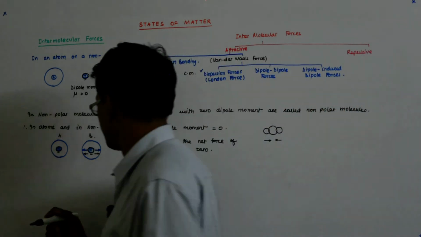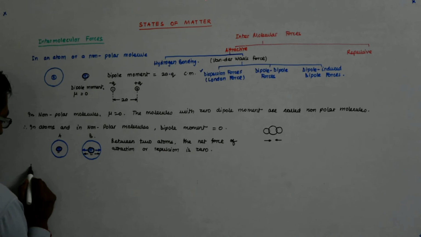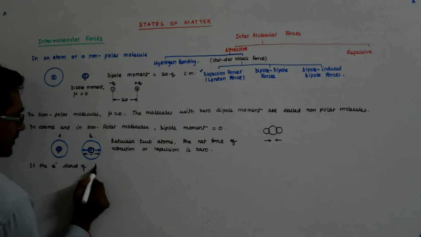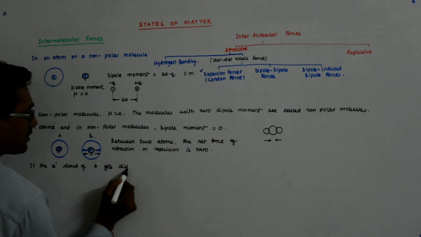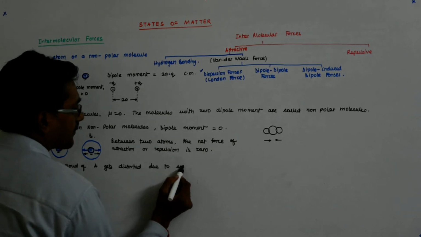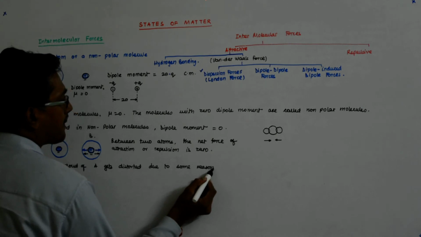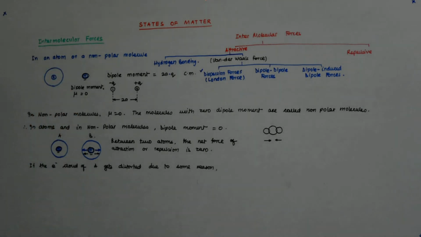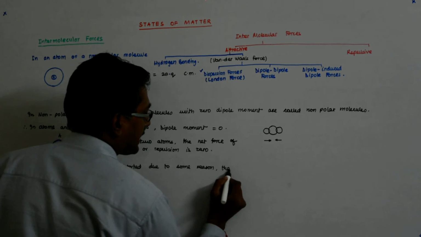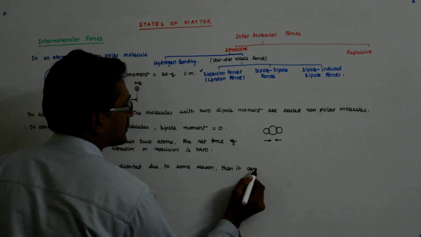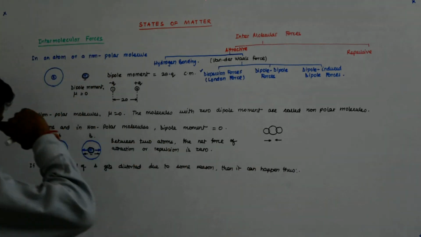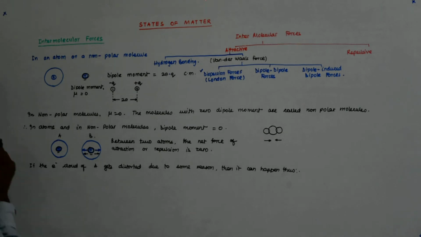So if the electron cloud of A gets distorted due to some reason, then what happens? It can happen in two ways. It can happen thus.